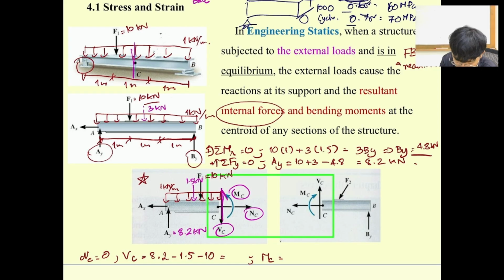Can you calculate this for me? 8.2 minus 1.5 minus 10. It's going to be minus 3.3 kilonewton. And then we can calculate MC later. Okay, so this is what we did in engineering statics.